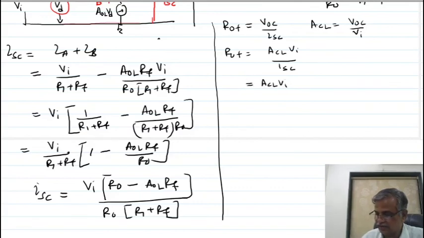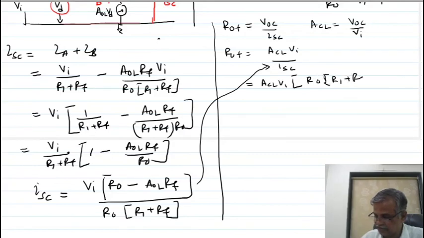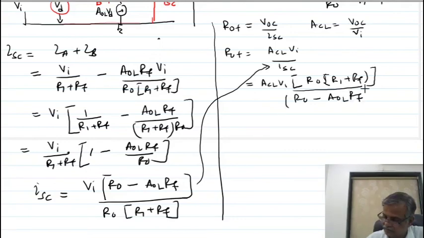ACL into VI, I have to put this value here. So it is nothing but RO into R1 plus RF upon RO minus AOL into RF into VI.